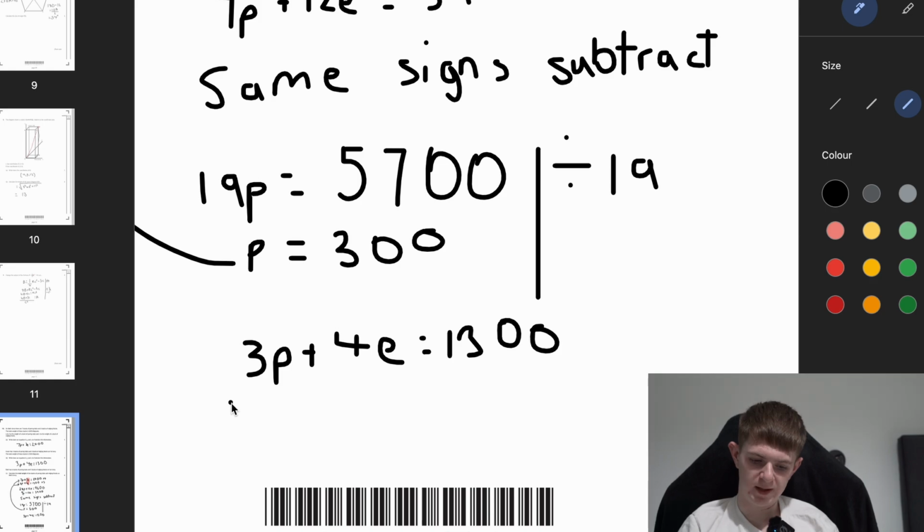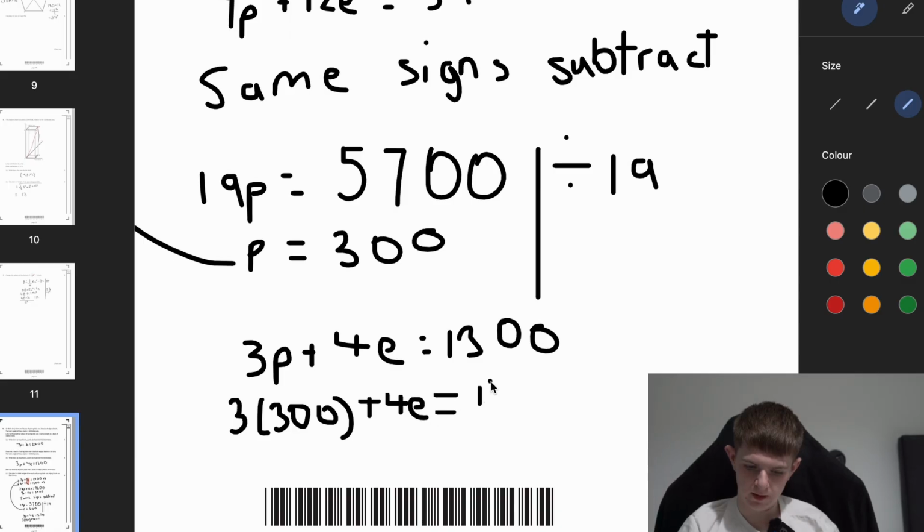I'm going to then sub p in for this. So sub in 300. So 3 times 300 add 4e equals 1,300.